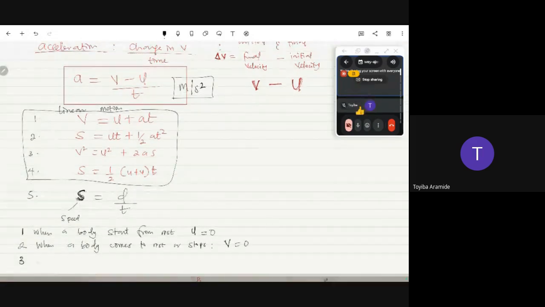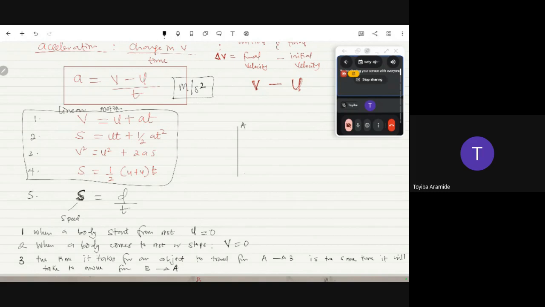Point number 3. The time it takes for an object to travel from point A to B is the same time it will take to move from B to A. If it takes you 5 seconds to go from A to B, then going from B to A will take you 5 seconds also.